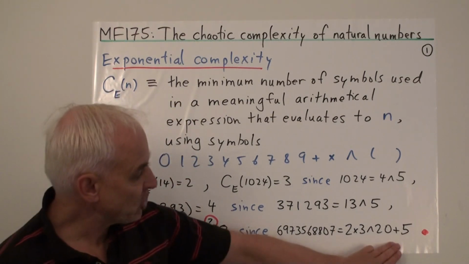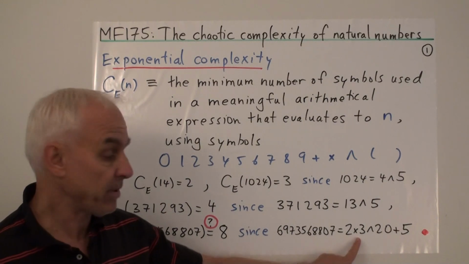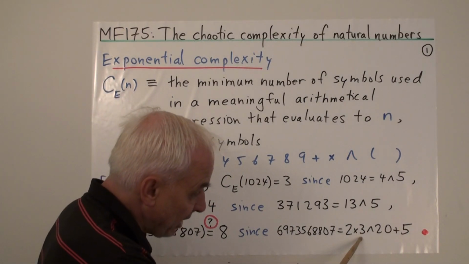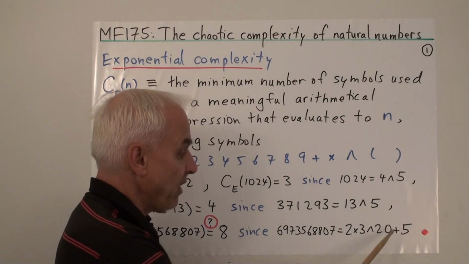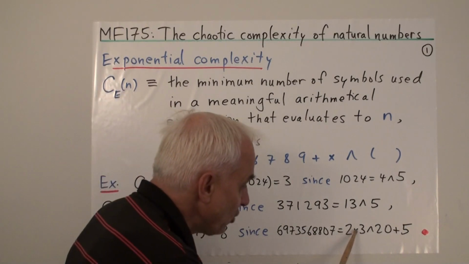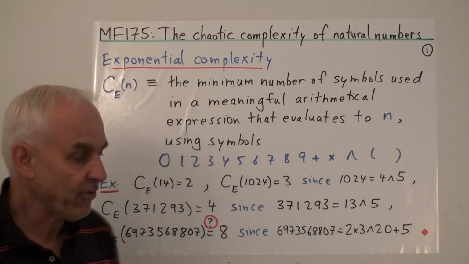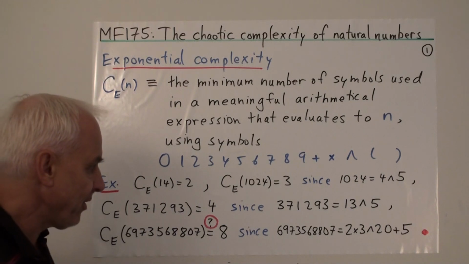And we're using the convention here that exponentiation has precedence over multiplication. So this is an unambiguous statement, which means that you take 3 to the 20, and then you multiply that by 2, and then finally you add 5. So here we need 1, 2, 3, 4, 5, 6, 7, 8 symbols. And my guess is that that's probably the minimum required.